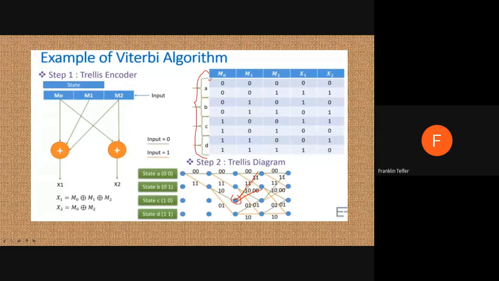So we have segregated each and everything as A, B, C, D. For that, what is the output? The outputs are the x1 and x2. You can compute them by using this state table, where you have the x1 x2 output, m2 is the input message bit, and m0 and m1 are the state shift registers.